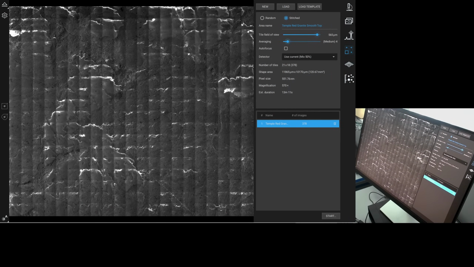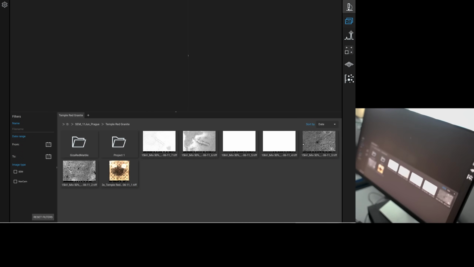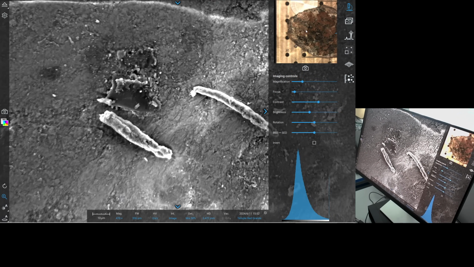So I think we're going to go and look at the boundary where it's not smooth. Like here.